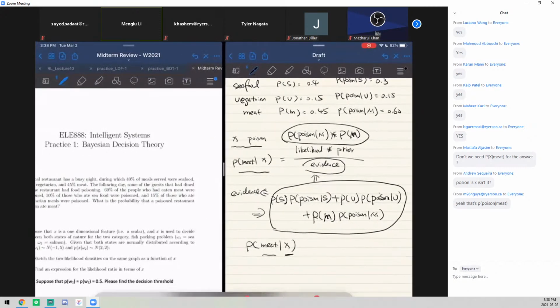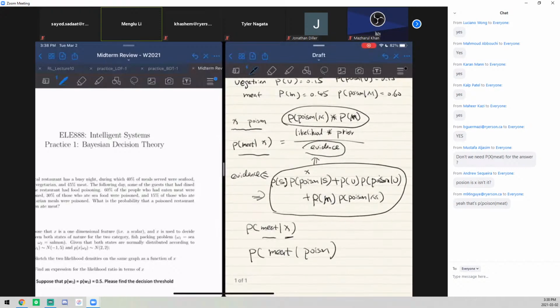Here you can just replace poison with x. So we want to find, given it's already poison, what's the probability that the person ate meat. Is there any question for this one? Okay, we go to the next one.